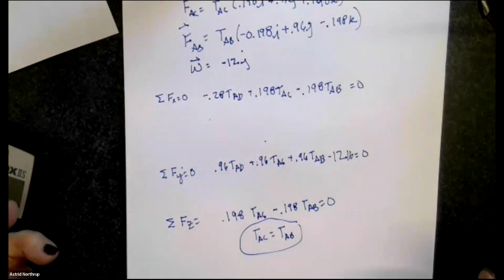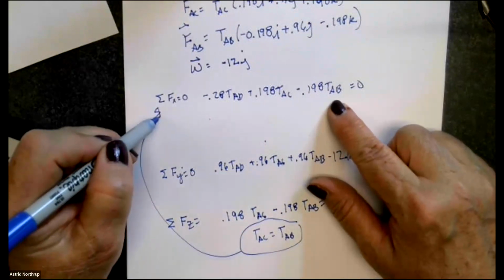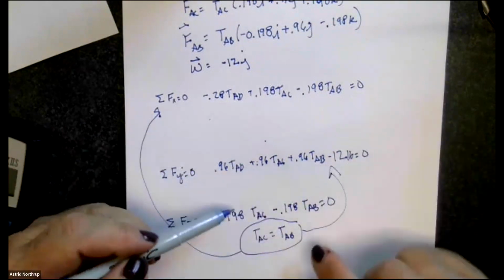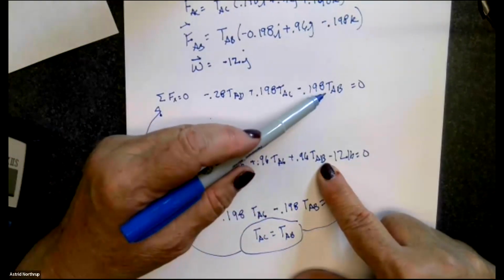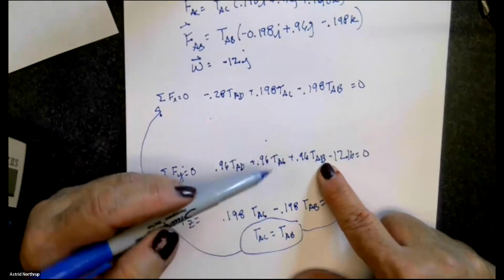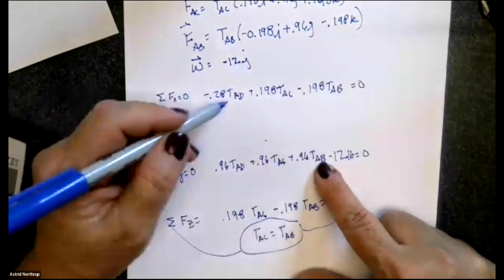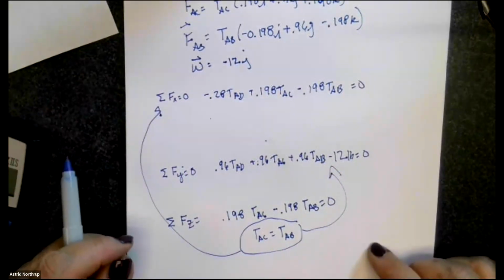So that's going to make my substitutions a little bit easier. In other words, I could plug that in here, and then I could likewise plug it in here. And then I would eliminate one of those variables, TAB, for example, if I plugged in TAC. And then I would have two equations in two unknowns, TAD and TAC, and then I can solve for everything.